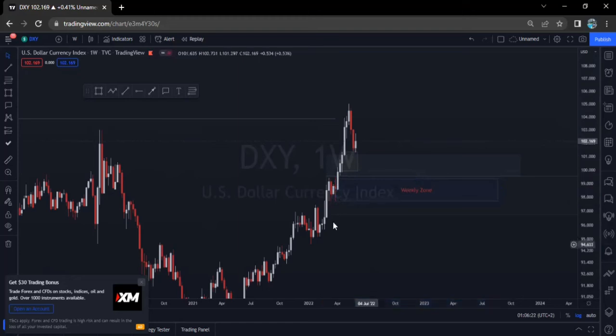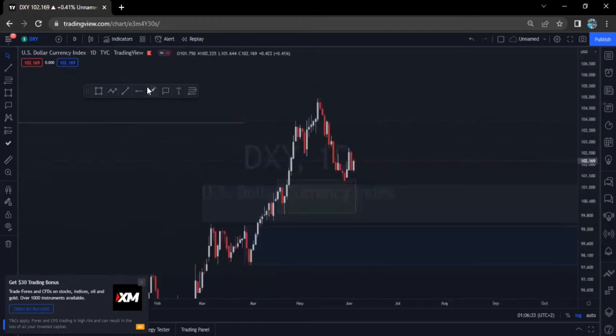So if you go to the daily, what am I seeing? We have a change of structure over here, confirmed, but I have a problem, right? My problem is that, you see, upon changing sentiment, we created a zone here, but the zone has been invalidated by this candlestick over here, right?